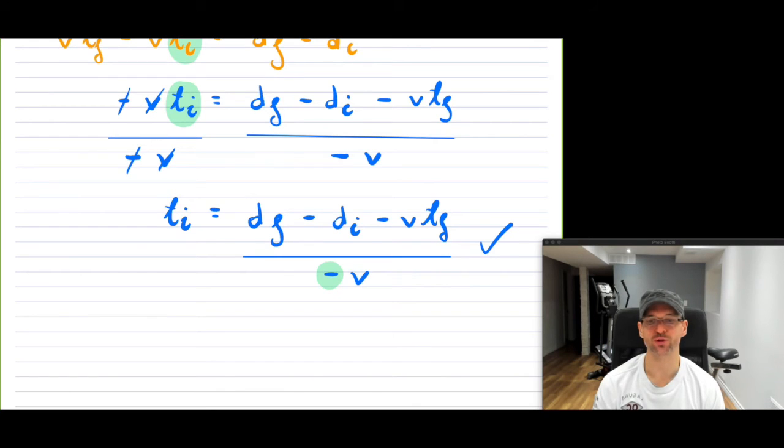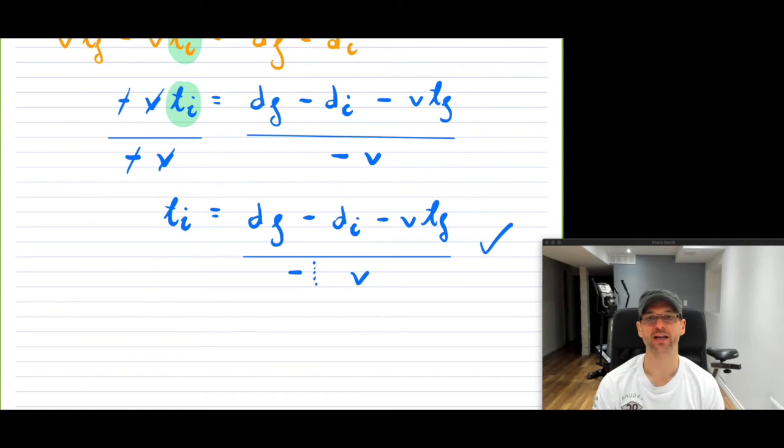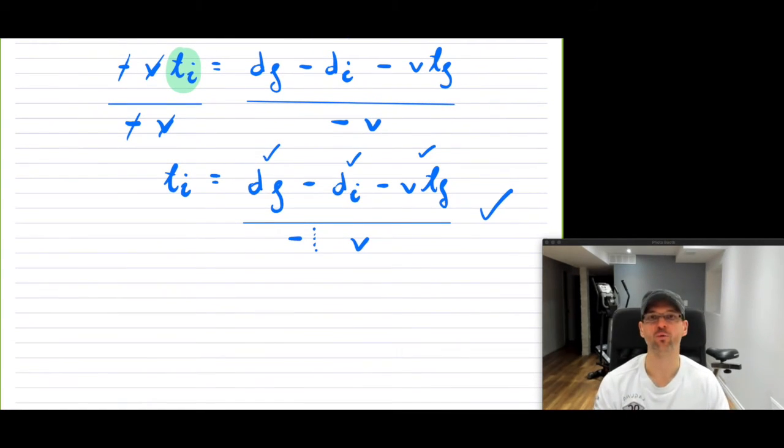Because really it means -1, it's kind of saying I have a -1, so I am dividing by -1. Sometimes people will bring that -1 up and then divide each term by -1.